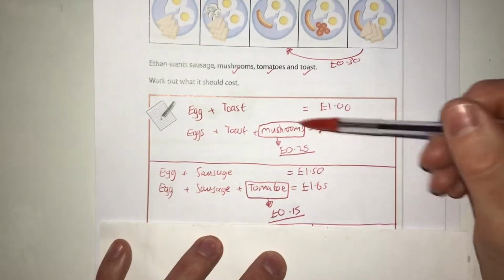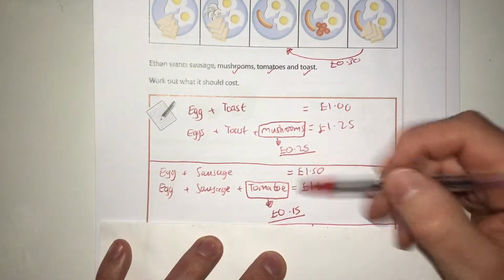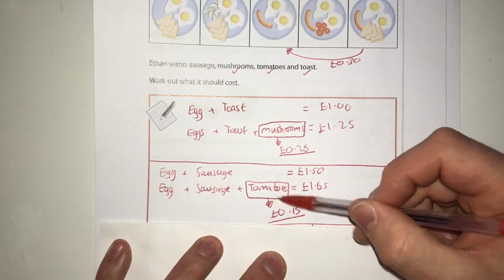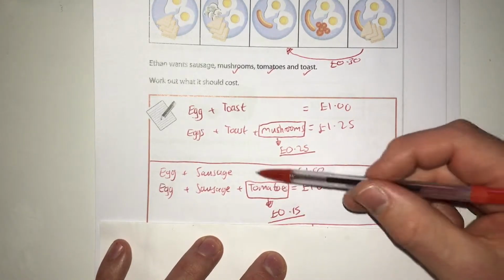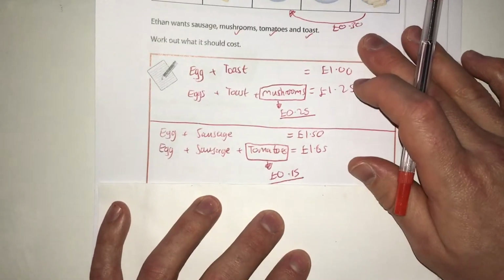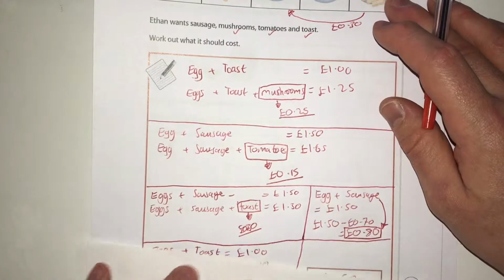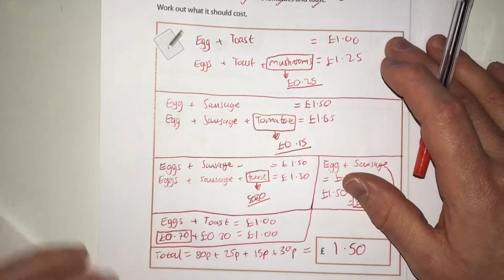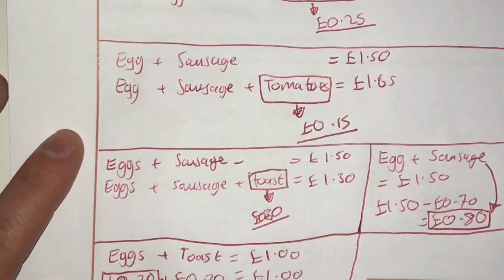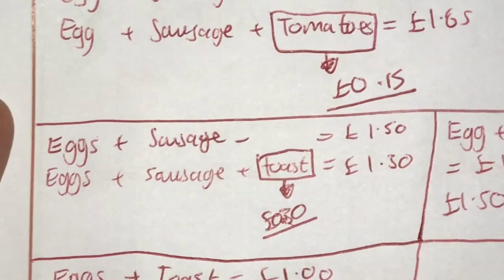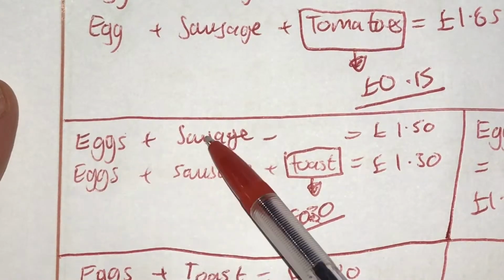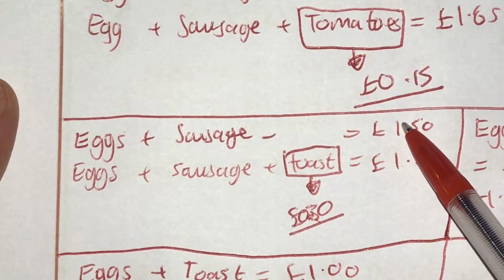The only difference here was tomatoes, so for the S, if there's tomatoes here, fill in the missing gap was 15p. But from there onwards now, there's a few different ways you can do it. So as you can see with mine, it gets a little bit complicated. So what I first went to was here. I wrote down eggs and a sausage is £1.50, using above.